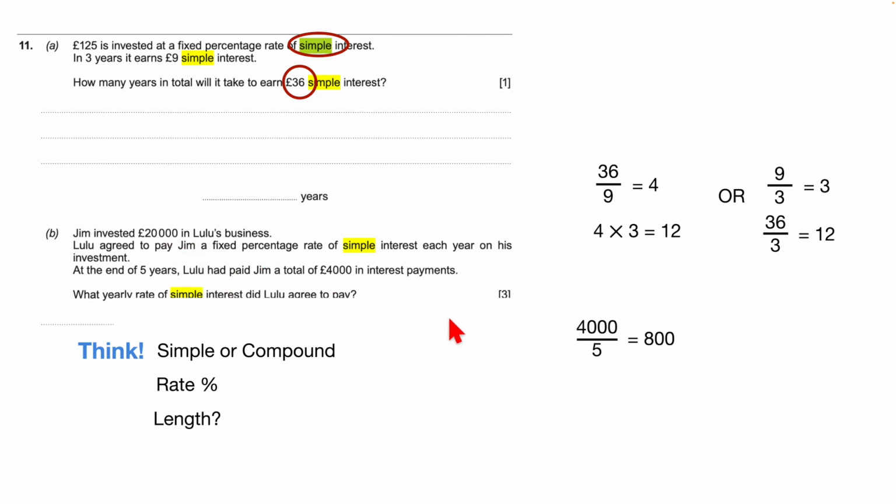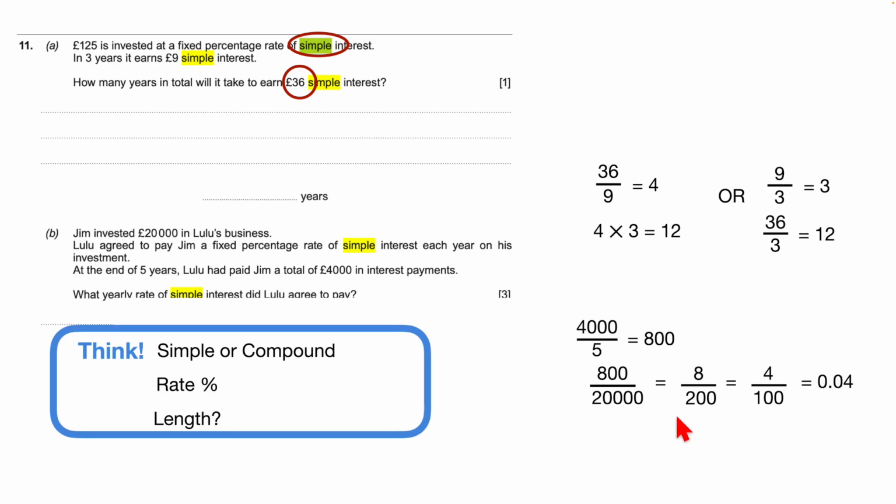So my rate of interest is going to be 800 divided by 20,000. Again, I can knock off a couple of zeros to get to 8 over 200, which is 4 over 100. And as you know, that is 4%. So that's my rate of return.